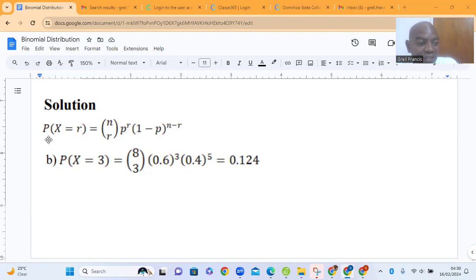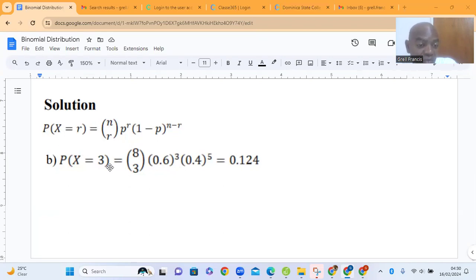The probability that the random variable is equal to a certain value r is equal to n combination r, times the probability of success raised to r, times 1 minus p raised to n minus r. Here, n will be 8 and r will be 3. The probability that the number of persons who support party A is 3 out of that 8.